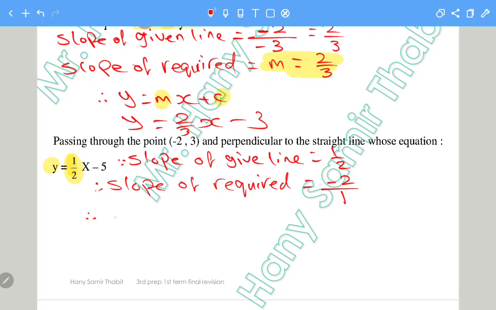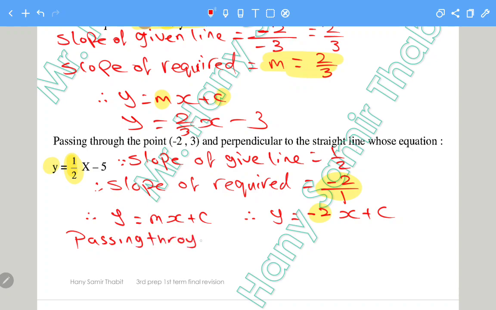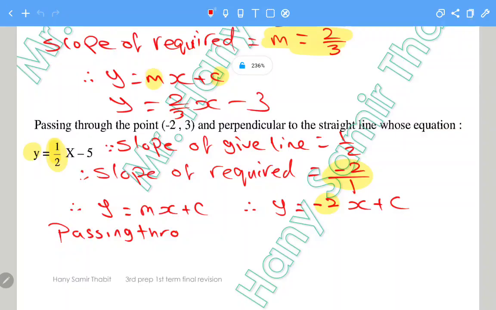Then y equals mx plus c, so y equals negative 2x plus c. This is my negative 2, the m. And it's passing through the point negative 2 and 3.